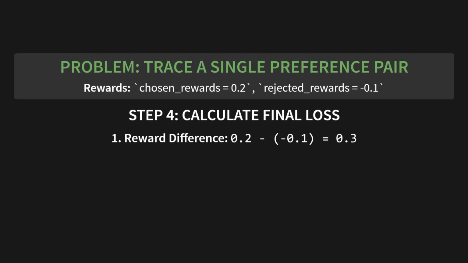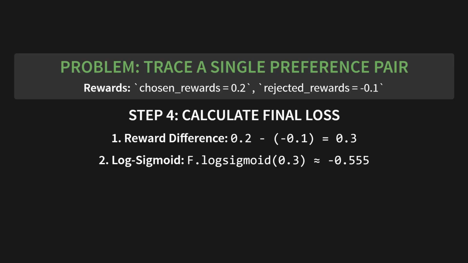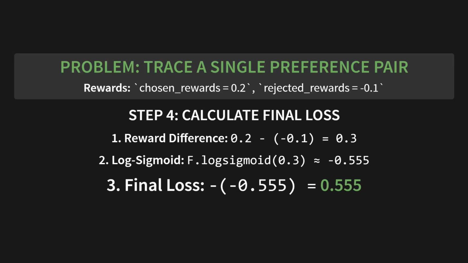Step 4. Calculate final loss. Let's do this in 3 parts. First, the reward difference. That's 0.2 minus -0.1, which gives us 0.3. Second, the log sigmoid. We plug 0.3 into F.logsigmoid, and that comes out to about -0.555.